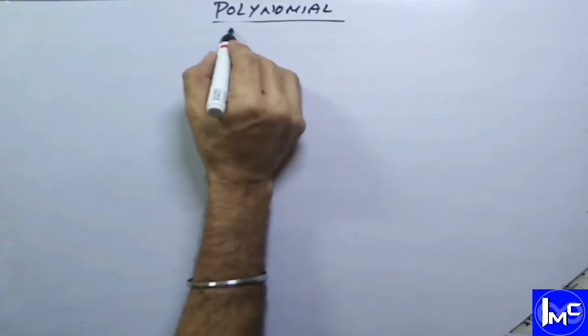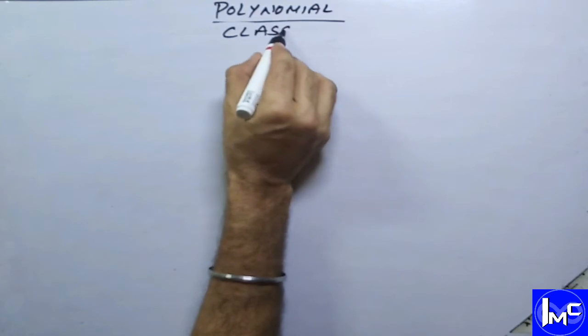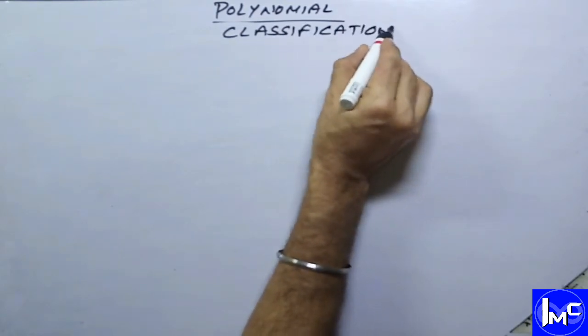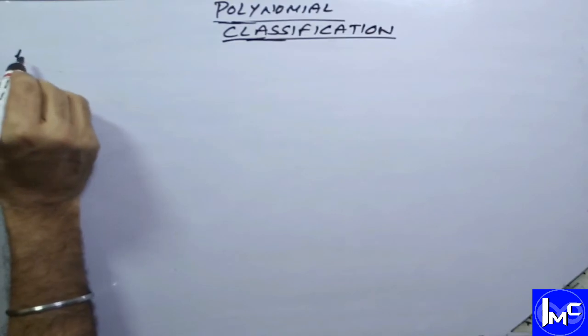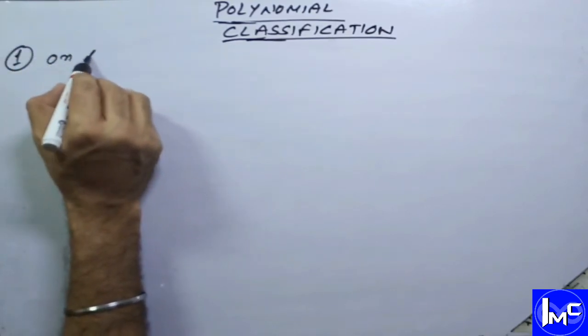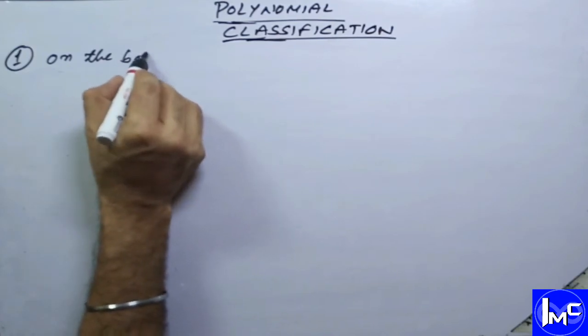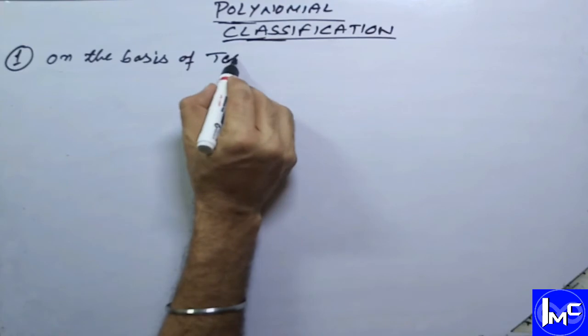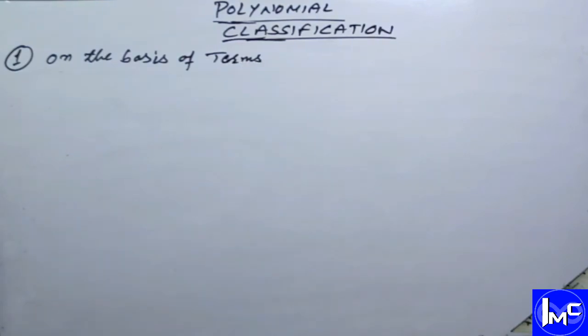Now, classification. First one is on the basis of terms, or number of terms.